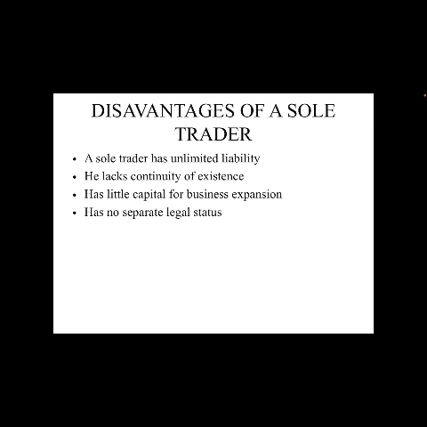He lacks continuity of existence, meaning if this person dies, the business will end because there's no one to continue that particular business. It has little capital for business expansion and has no separate legal status. This means he can be sued or he can sue in an individual capacity, right?